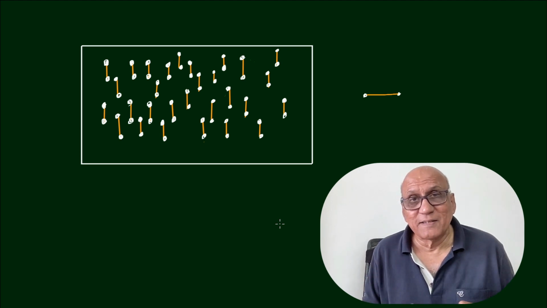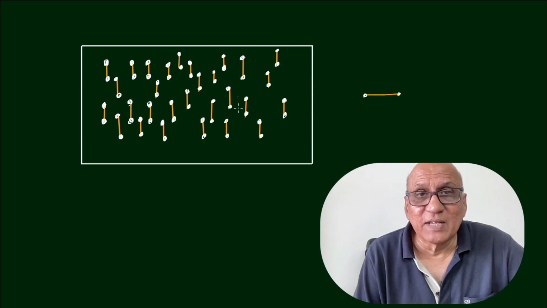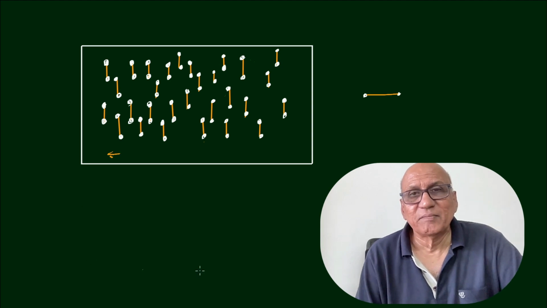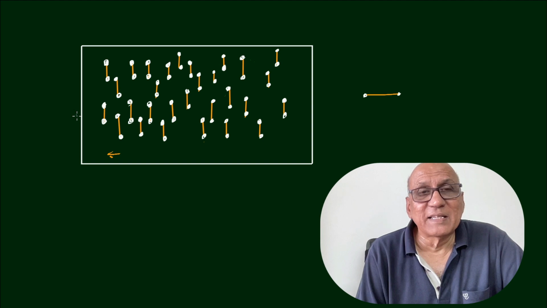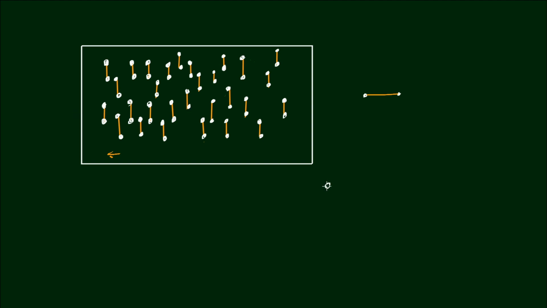of gases. Alright, so imagine that all these molecules are aligned in the same way and they're all moving to the left in some uniform fashion. What happens when the molecules collide against the left wall? They bounce back. When they bounce back, you're going to have one of these molecules moving in this direction, colliding with another molecule which is coming in this direction.